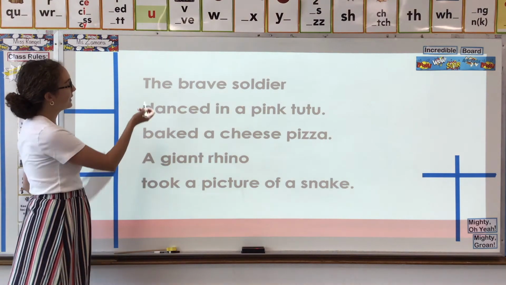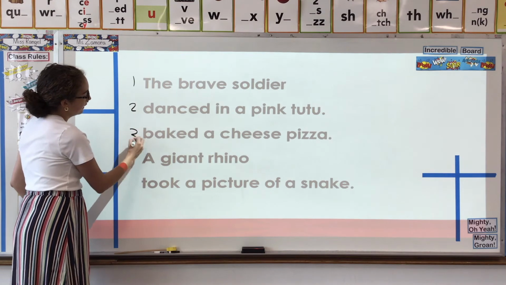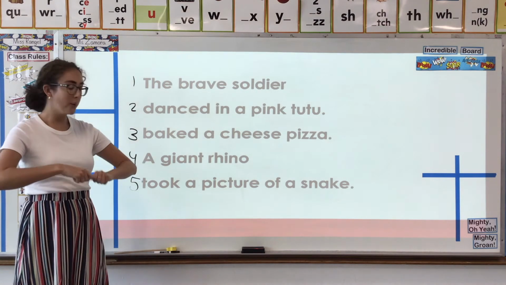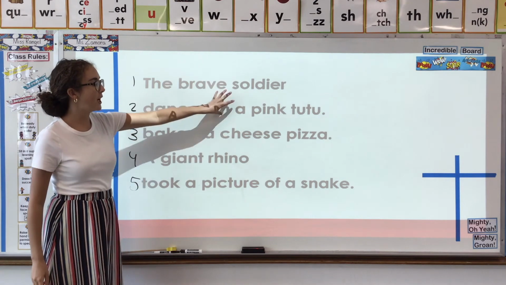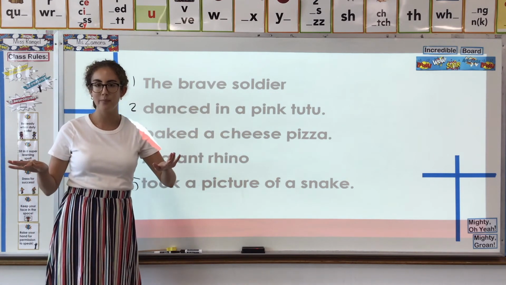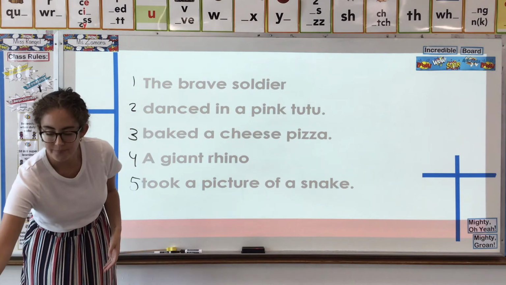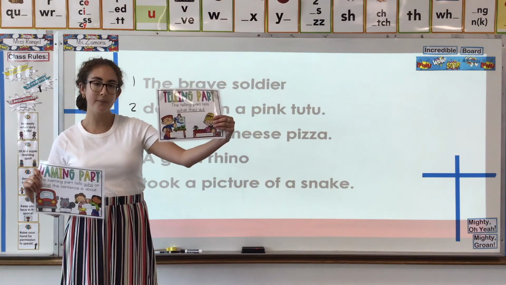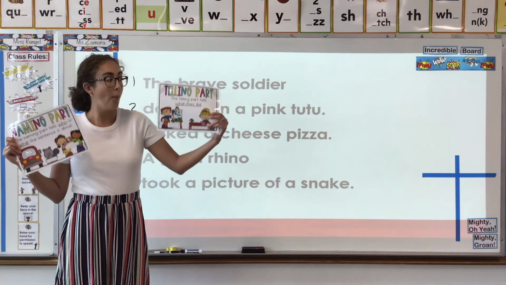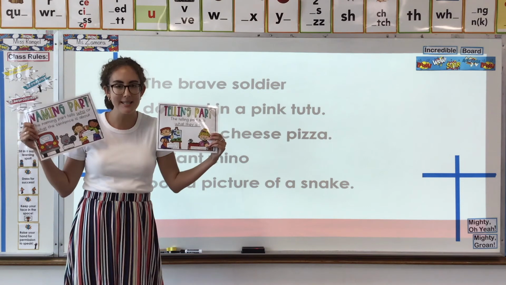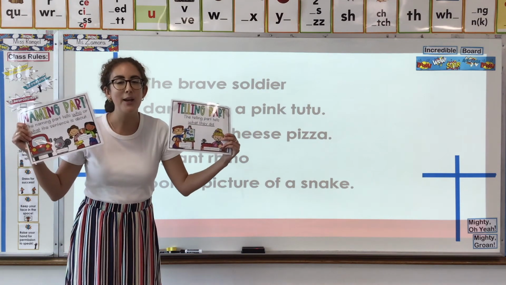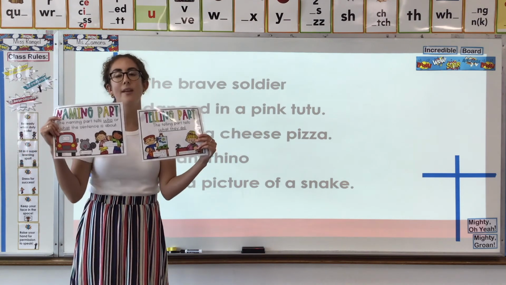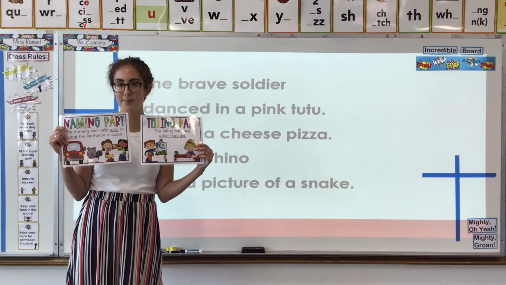You're going to eventually write 1, 2, 3, 4, 5 sentences. You are going to take a look at each of these phrases separately and decide, like we did, is this phrase a naming or a telling part? And then if so, what is the other part that's missing?